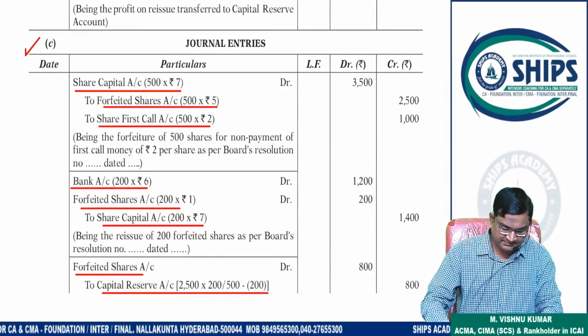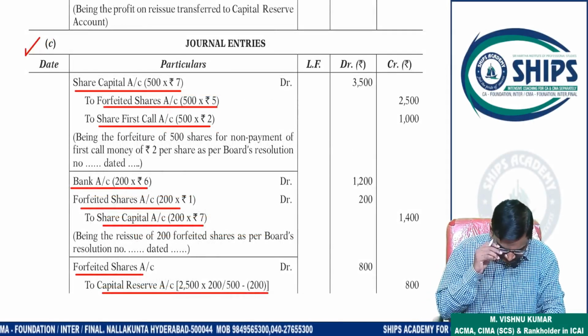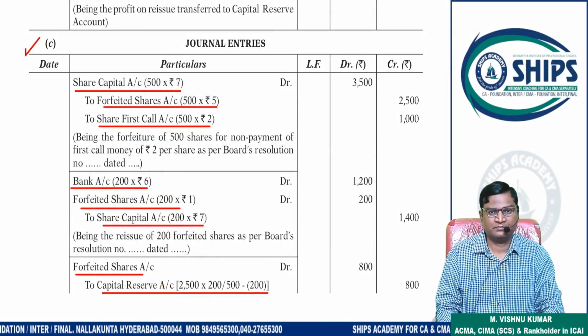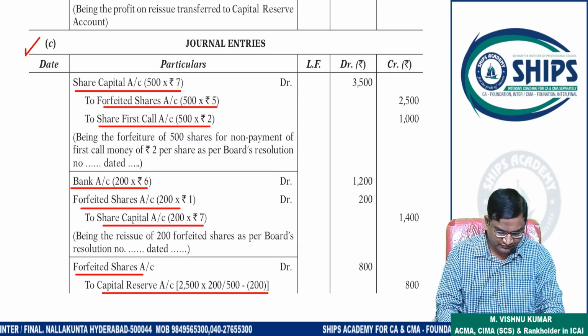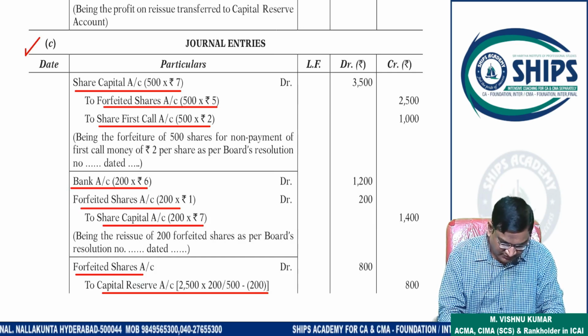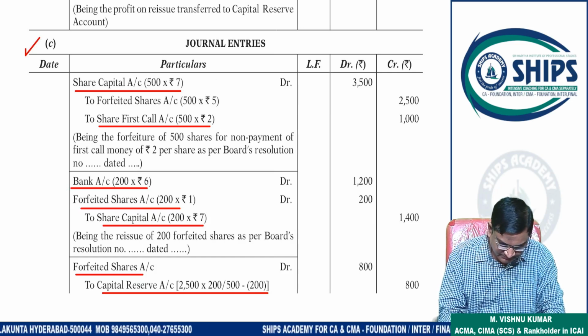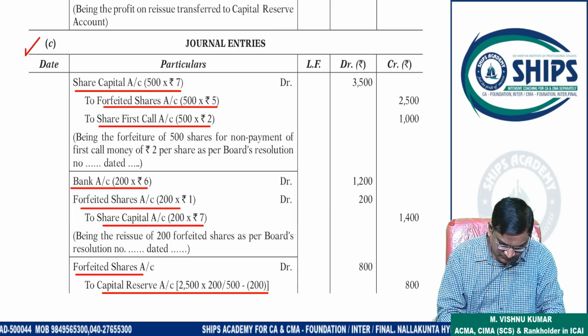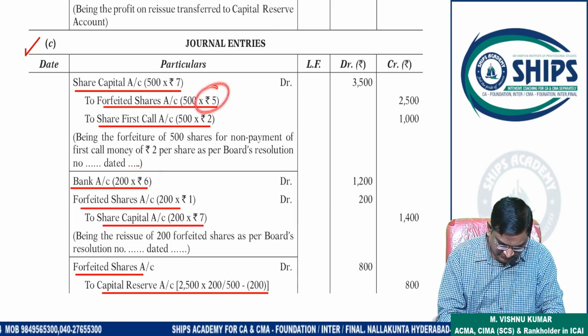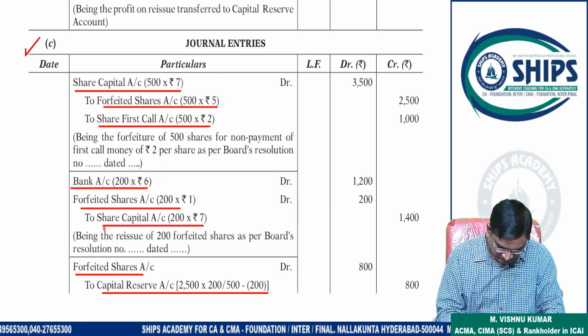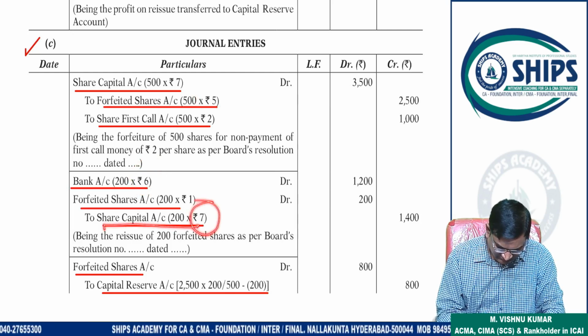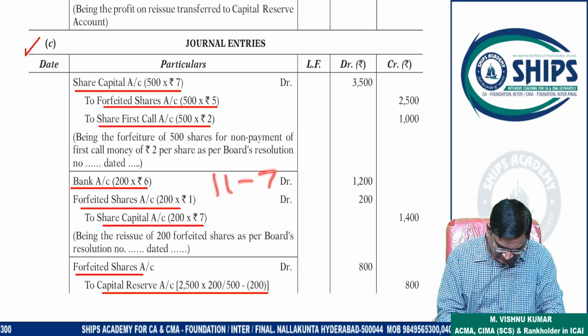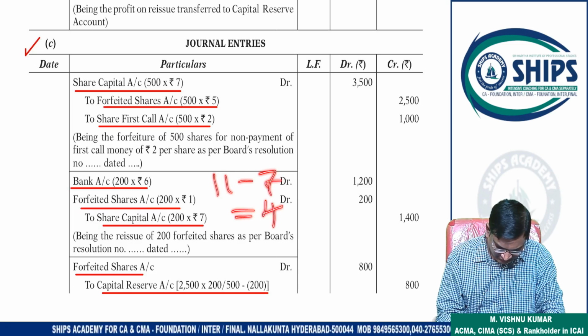Okay, completed now. Before reissue I received 5, on reissue 6 received. Total, 5 plus 6, 11. Now the new paid up value is how much? 7. 11 minus 7, per share how much gain? 4.